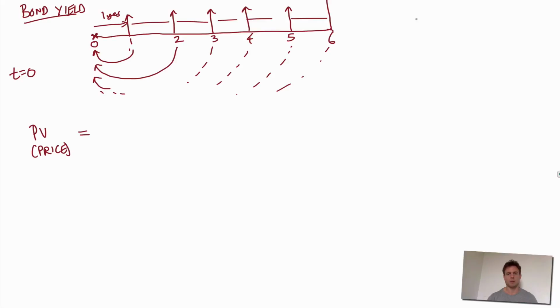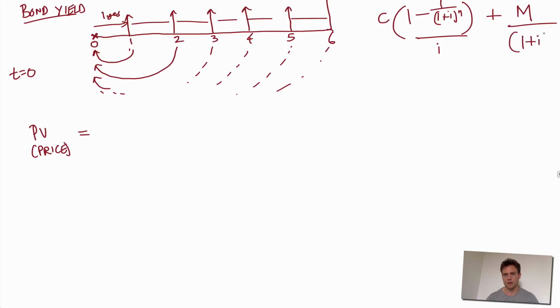Then all these formulas we've been using so far to get the bond price, if I can remember the formula, was something like C times 1 minus 1 over 1 plus I to the n, over I, plus the maturity value, divided by 1 plus I to the n, right?